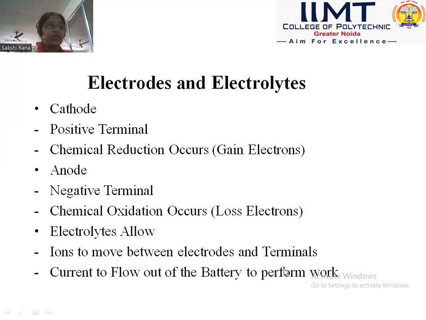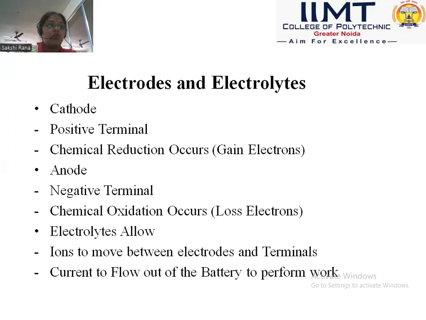The anode is known as the negative terminal. At the anode, chemical oxidation occurs, which means the electrons are lost, and the electrons lost at the negative terminal are gained at the positive terminal, right?